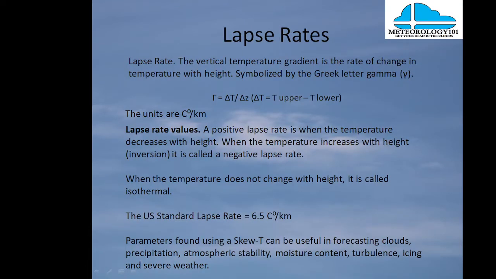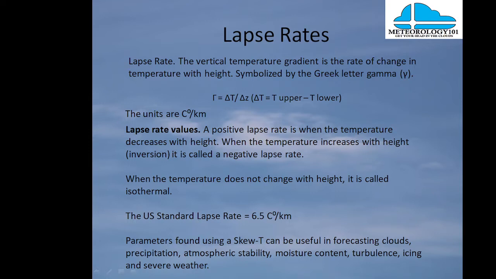Lapse rates. Lapse rates are very important for severe weather. The vertical temperature gradient is the rate of change of temperature with height. Symbol is the Greek letter gamma. The change in temperature equals the upper temperature minus the lower temperature.